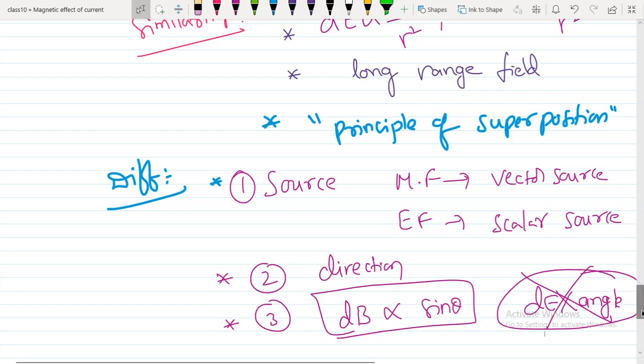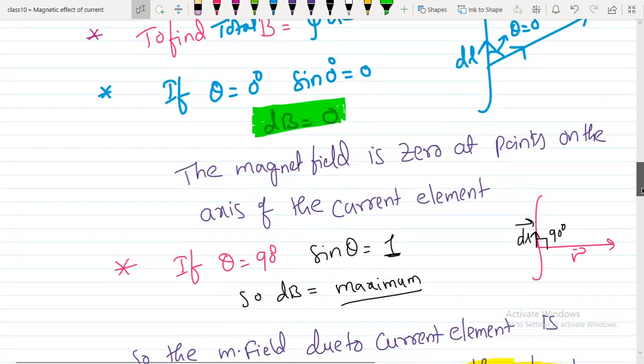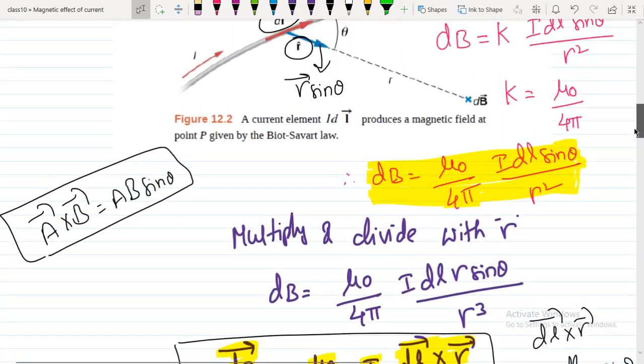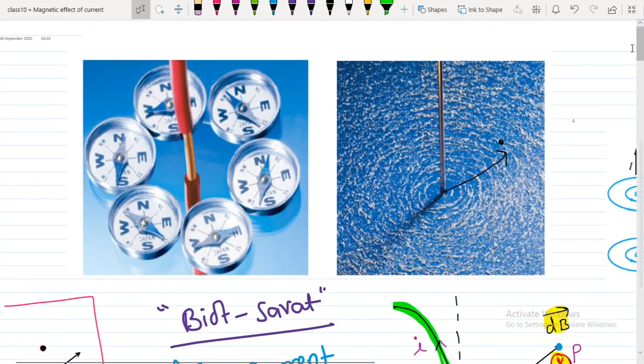So this is all about the Biot-Savart law, which gives the amount of the magnetic field at a point due to a current carrying conducting wire. Finally I can conclude by saying a current carrying conducting wire is a source of magnetic field.